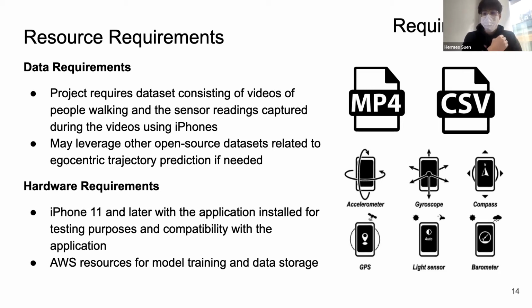Moreover, we may use additional open source data sets in the future if it deems necessary, if our data set that we collected in-house is not enough. And for hardware requirements, we require iPhone 11 or later, because these iPhones have the wide angle camera that we ideally want to use. But generally, we use iPhone 13 for this. And in the future, we might use some AWS resource to deploy, which we will talk about later in the presentation.